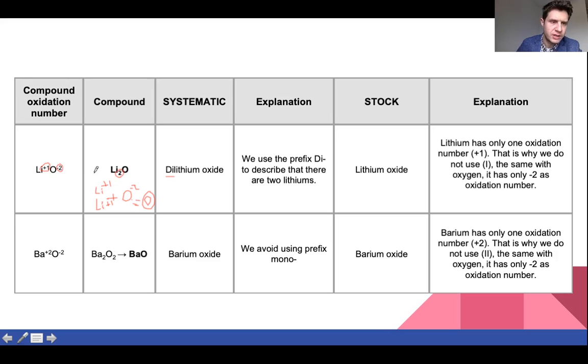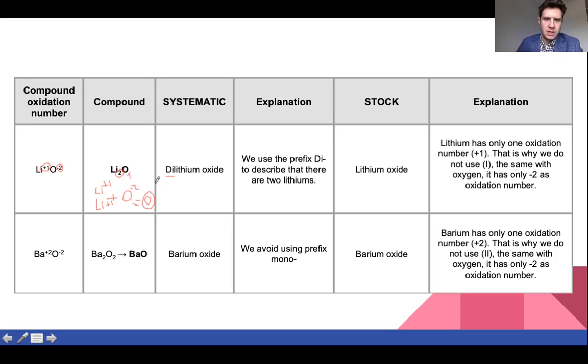Okay, so the trick is to shift the oxidation numbers, and here we will have 1 from lithium. We don't write the signs of each oxidation number. So this is just a trick to know how many lithiums I need to balance the -2 oxidation number of oxygen. So we need 2 lithiums.